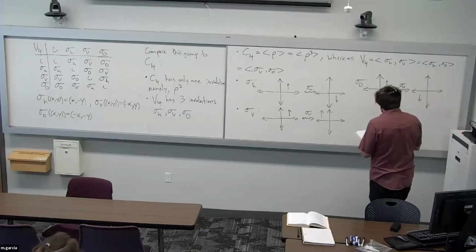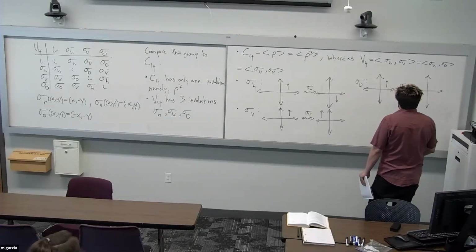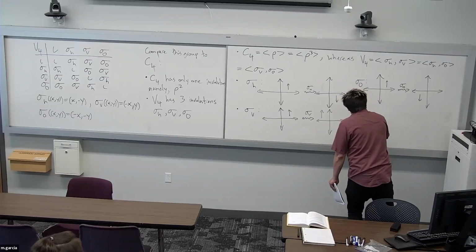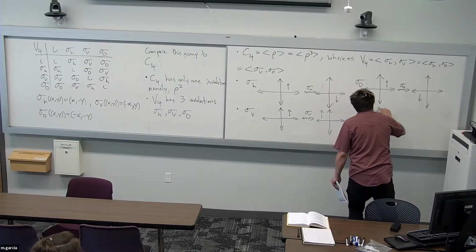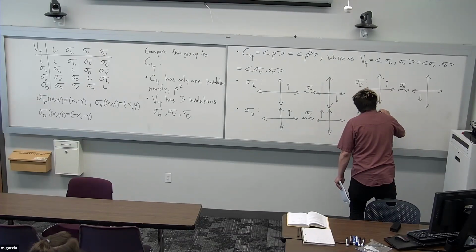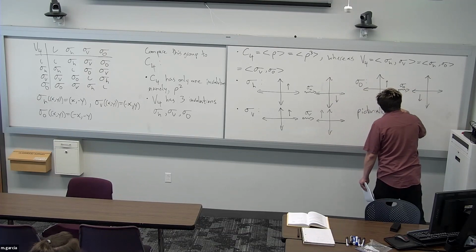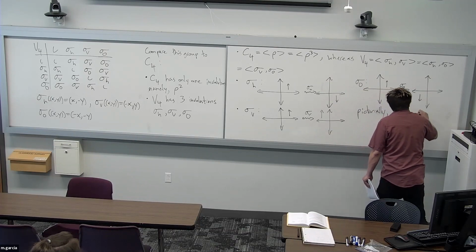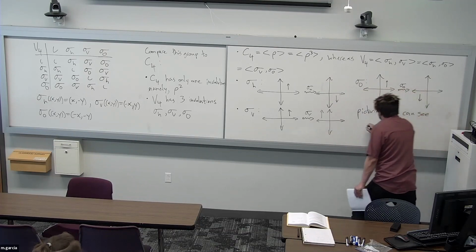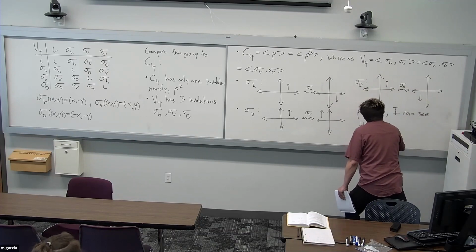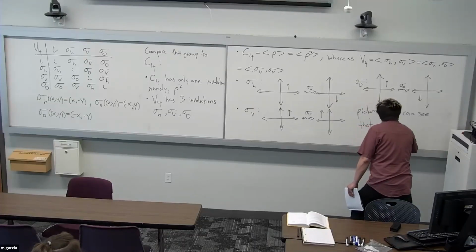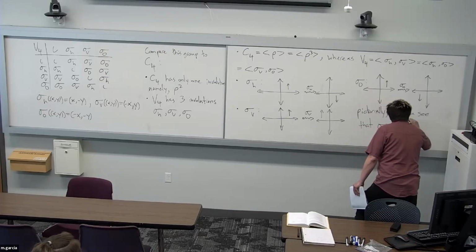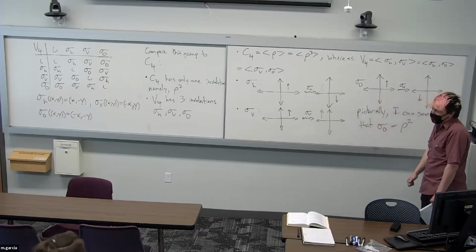So pictorially, I can see that sigma O is equal to rho squared, right?